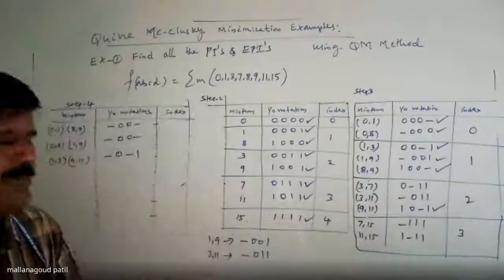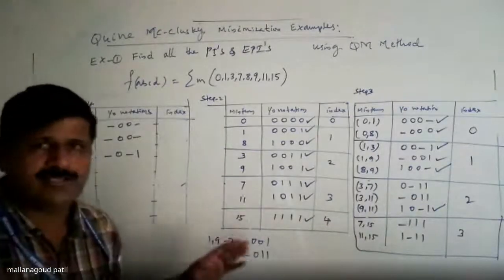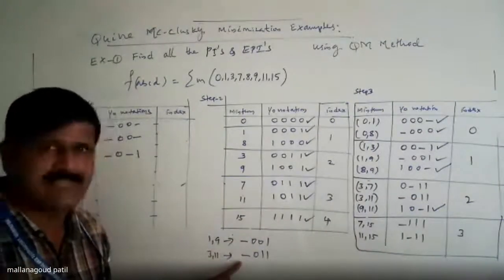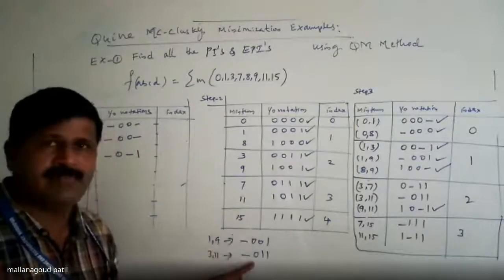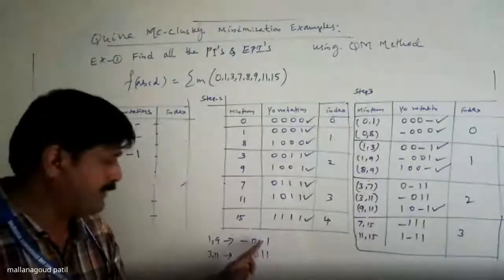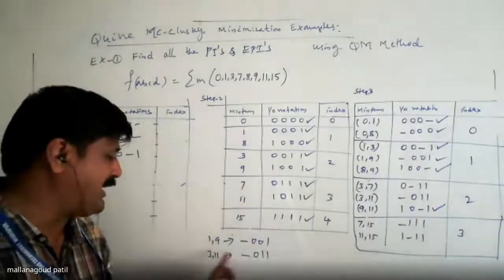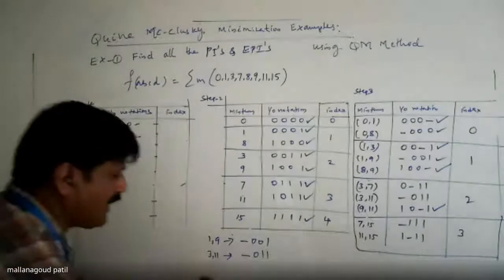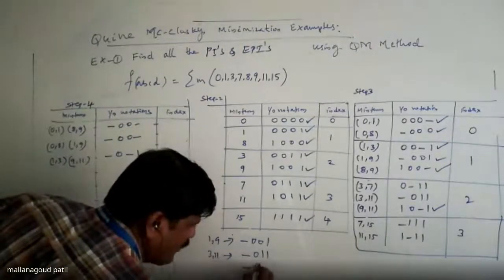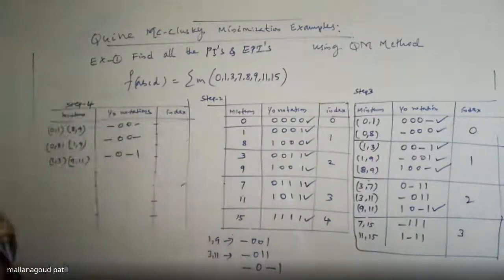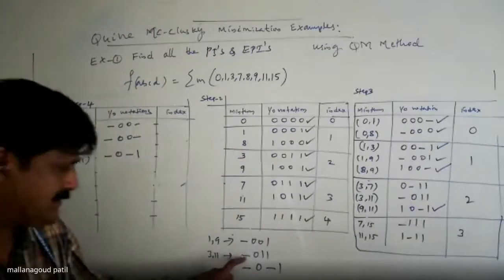It's okay. Now you check this one. Are these two logically adjacent? Yes. First bit is same, dash. Second bit is same, 0. Last bit is same, 1. Third bit is different. That is 0 in 1, 9 and 1 in 3, 11. Then what way can you represent it? Dash 0, dash 1.